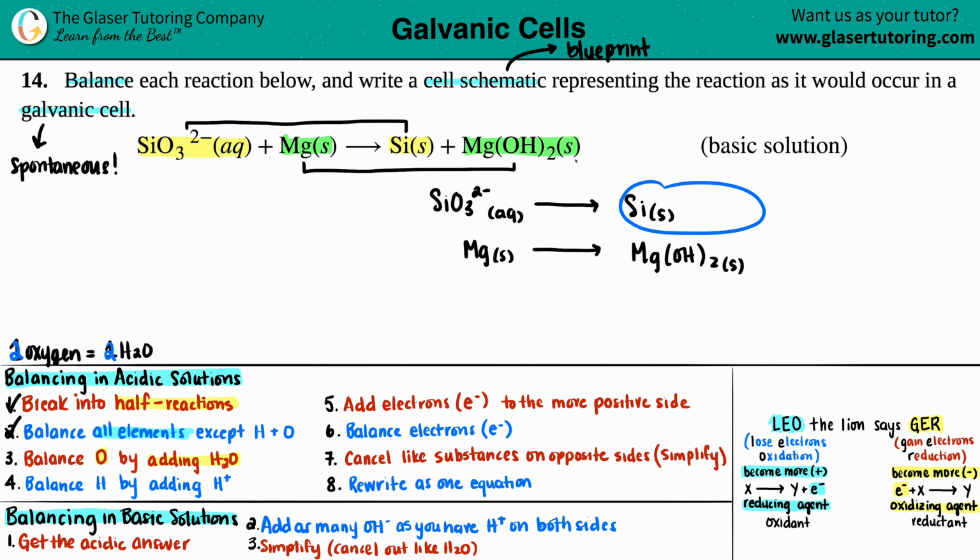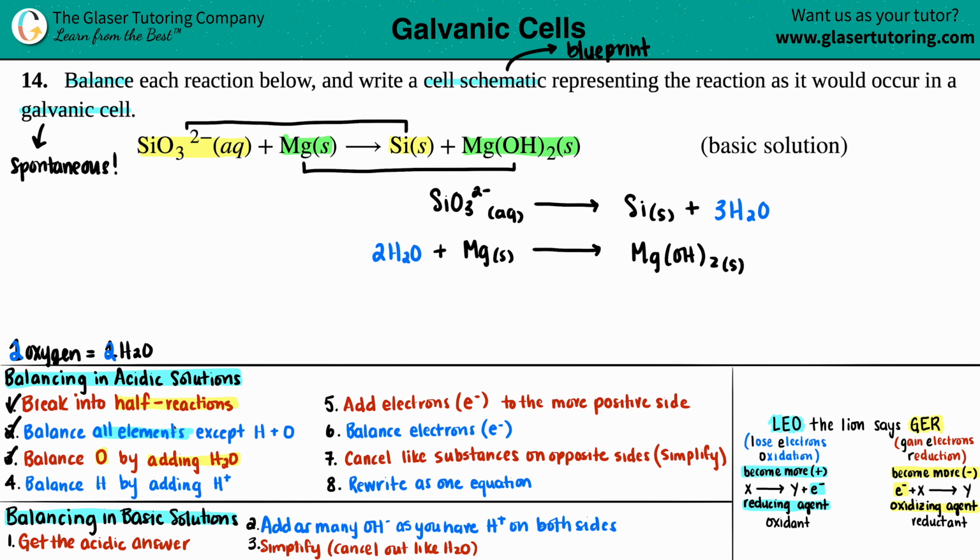I have no oxygens on the right side. So I'm going to add that in terms of 3 H2Os because I need 3 oxygens. No oxygens on the left side for the bottom, but on the right side, I have 2 oxygens. So it seems like I have to add 2 H2Os on the left side. Okay. And now the oxygens are balanced.